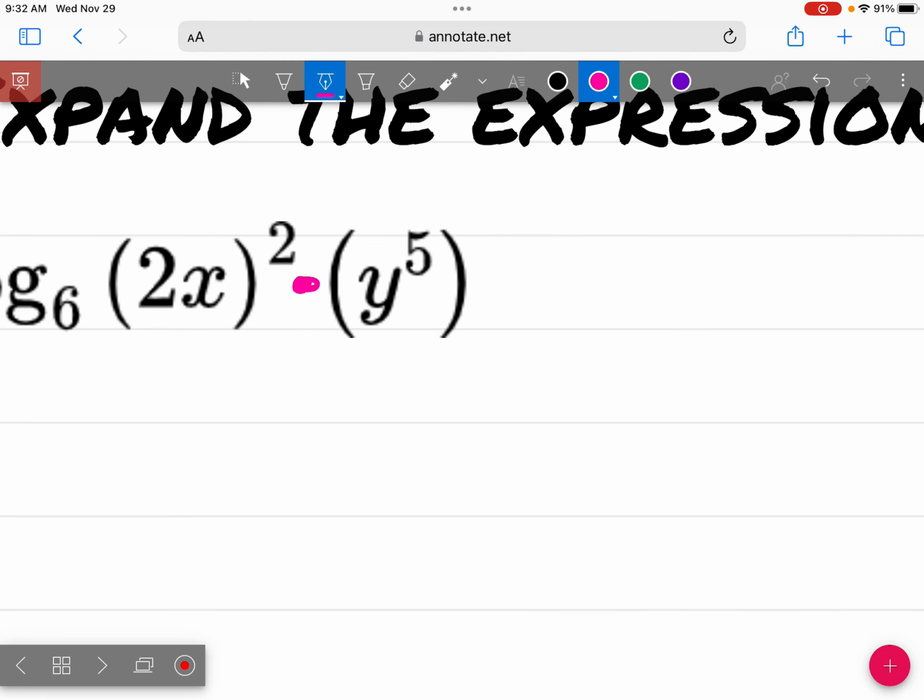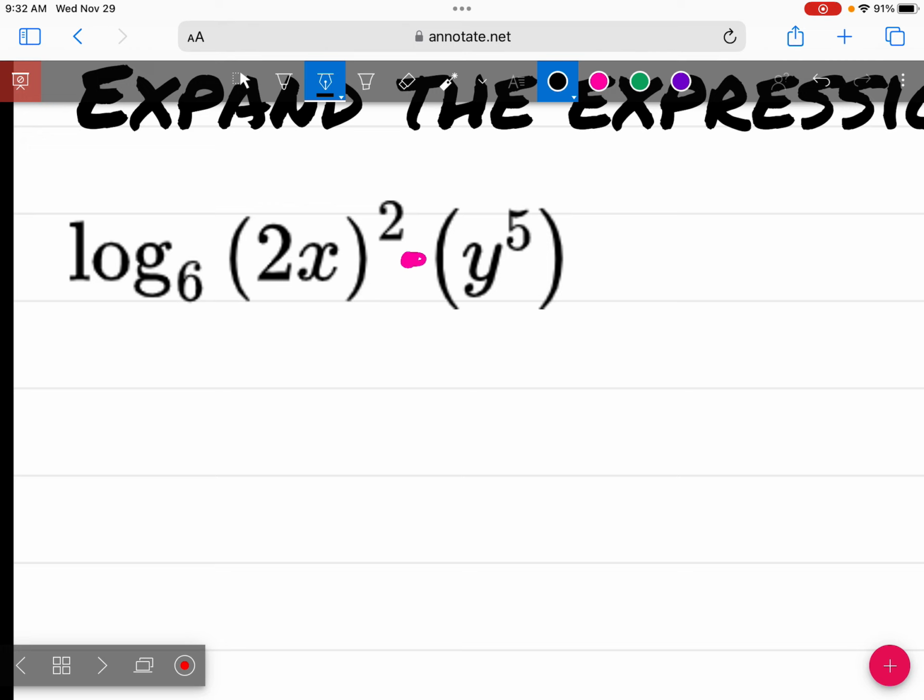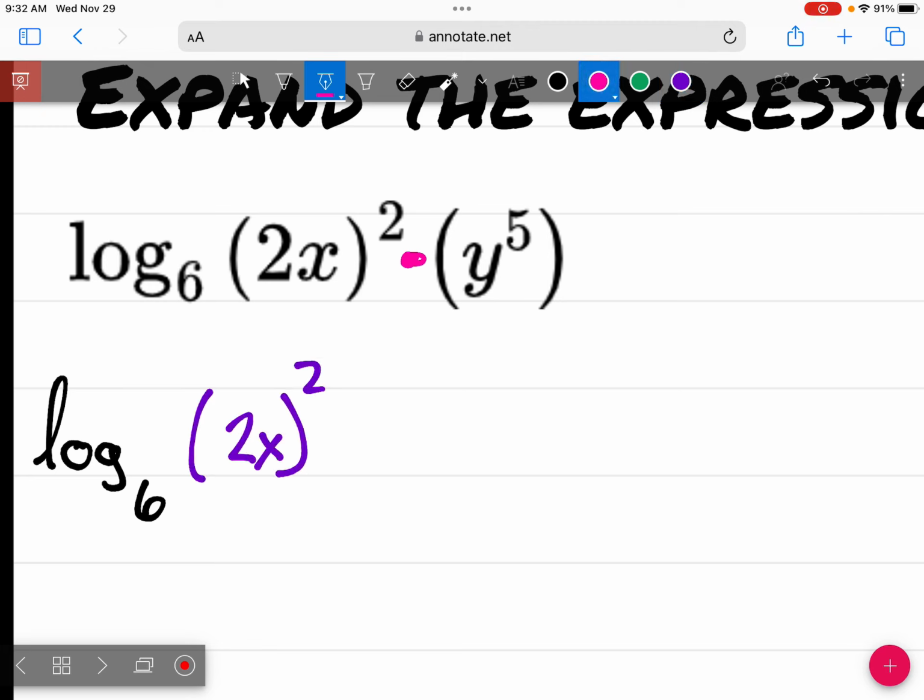I need to get these two pieces separated, because my outsidiest operation is this multiplication. So we're going to have log base 6 of 2x quantity squared plus log base 6 of y to the 5th.